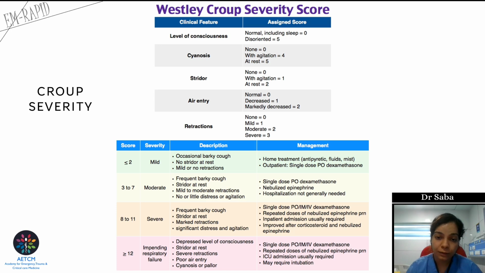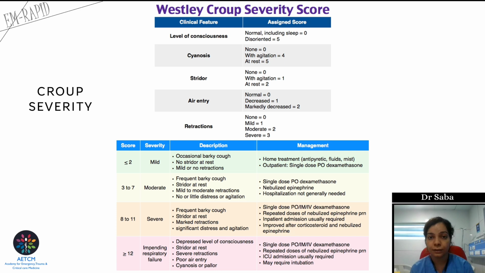Hospitalization is not really required unless the child does not have proper care at home. If the caregivers are not capable or competent enough to take care of the sick child, that is when we admit. Otherwise, hospitalization as such isn't required for the moderate category.